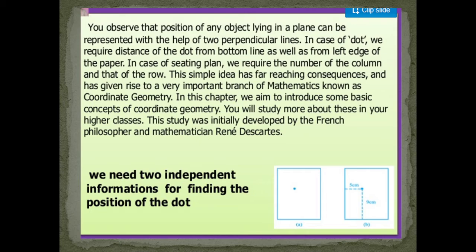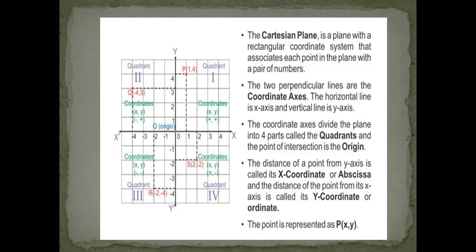You are going to read about this chapter in your higher classes also. These are the very basics for that chapter. So this is the way to locate a point or object by using two references.